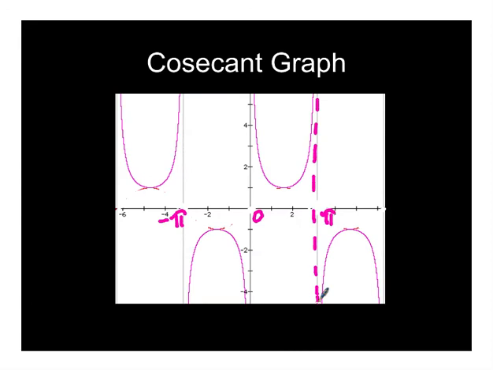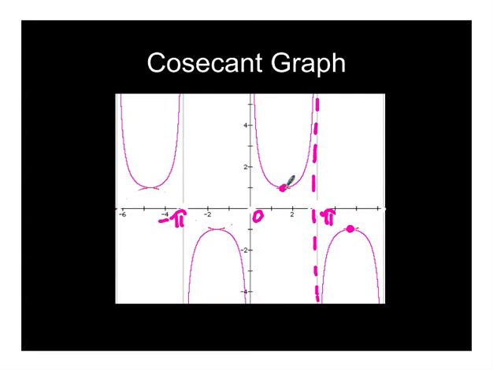Now, we are not going to deal with a lot of translations of tangent, cotangent, secant, and cosecant. We're just going to focus on knowing the basics of each of the graphs. Okay. So, I need you to be able to graph all 4. I need you to know the basics about those, where the asymptotes are, the shape of the graphs, the fact that cosecant doesn't go above -1 and it doesn't go below 1.